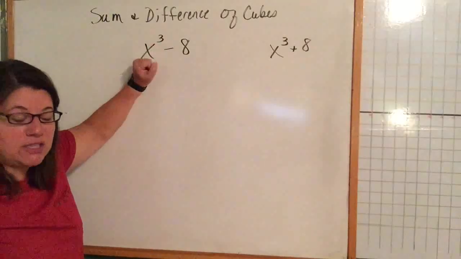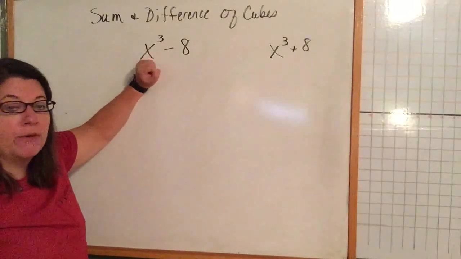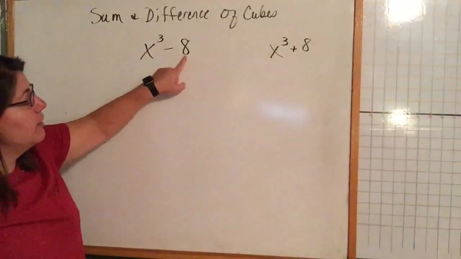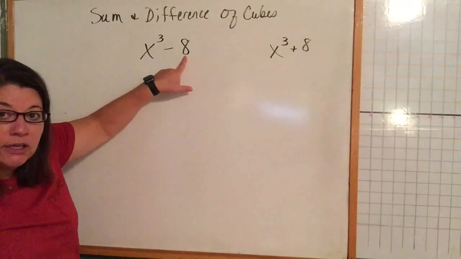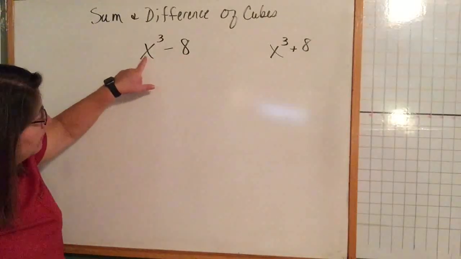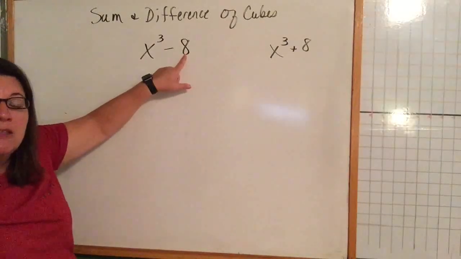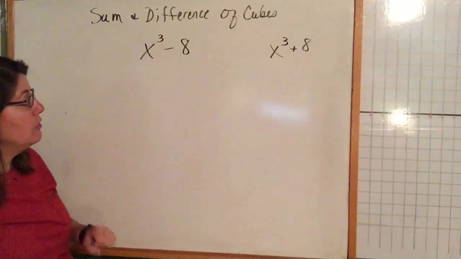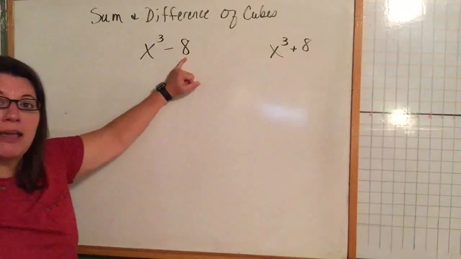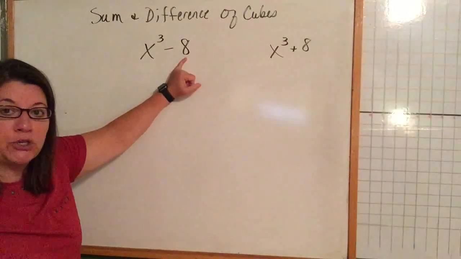So like x to the 6th, x to the 9th, x to the 12th, any of those would be perfect cubes. And then for this number, we could just take the cube root of that number on our calculator. If you recognize that this one is a perfect cube, then you need to see if the number is a perfect cube. If it is, then if the directions say factor completely, this is the method you would use. And 8, if you think about that, is 2 times 2 times 2. So 8 is also a perfect cube.